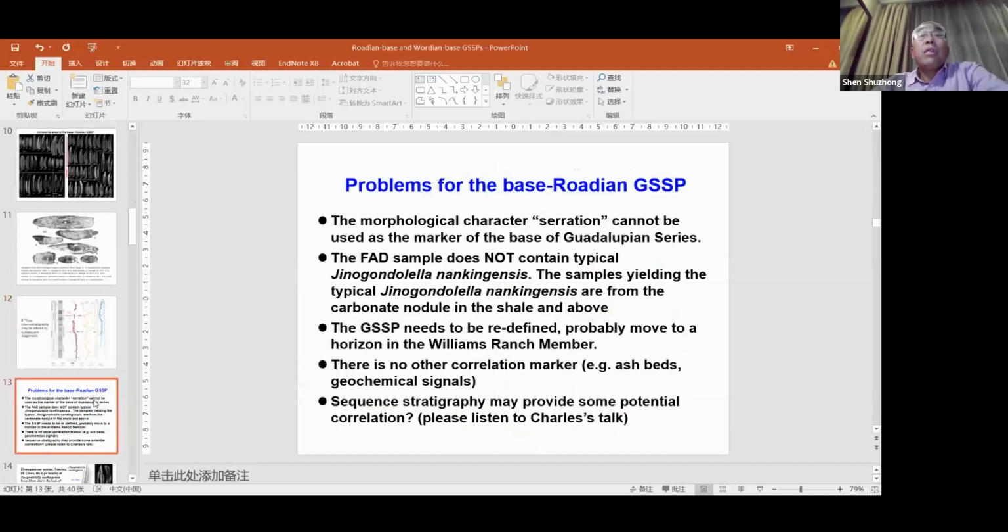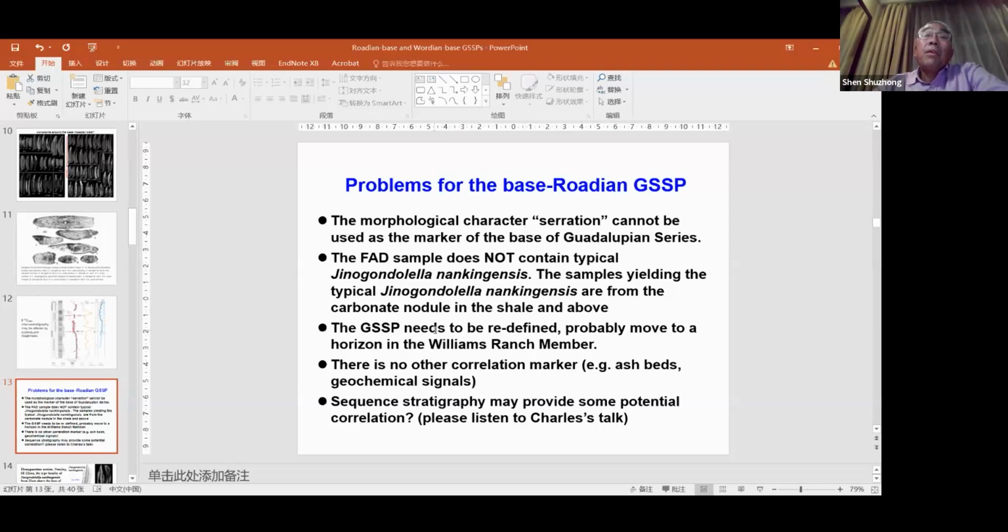So now the problem for the base Guadalupian GSSP: the morphological character serration cannot be used as the marker for the base of the Guadalupian series. And the GSSP sample does not contain typical Jinogondolella nankinensis. The samples yielding typical Jinogondolella nankinensis are from the carbonate nodule in the shale and above.